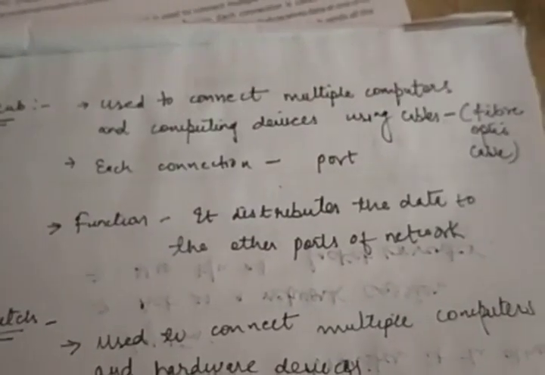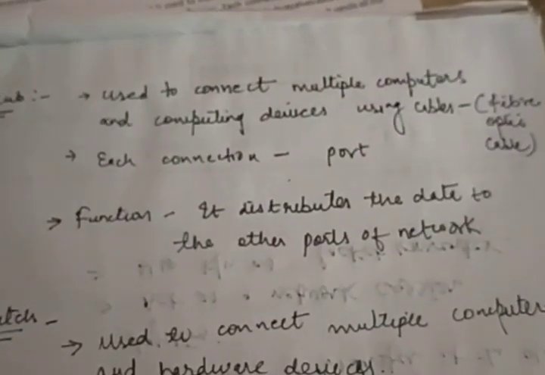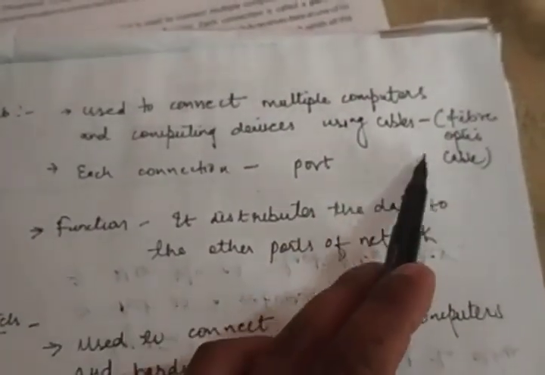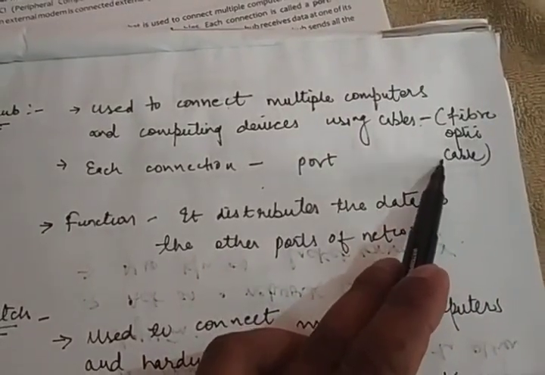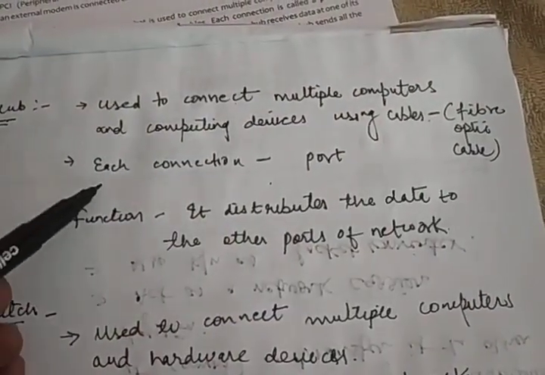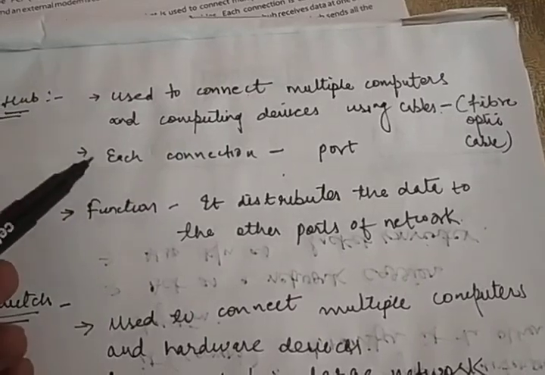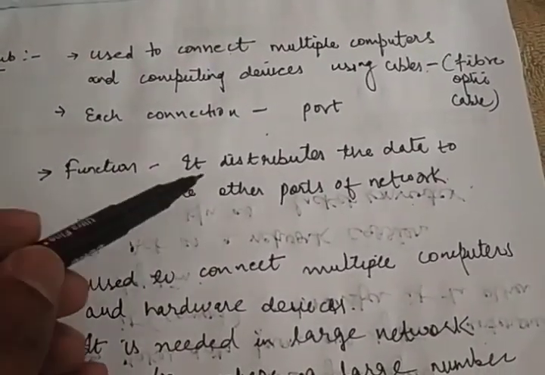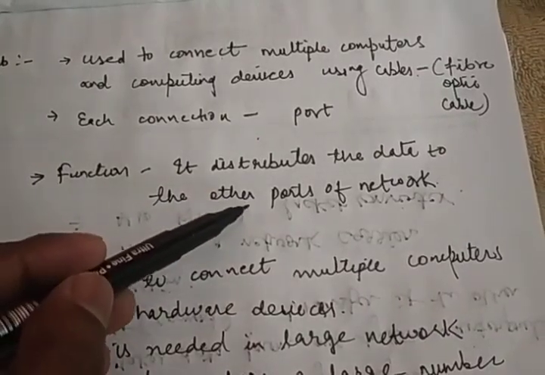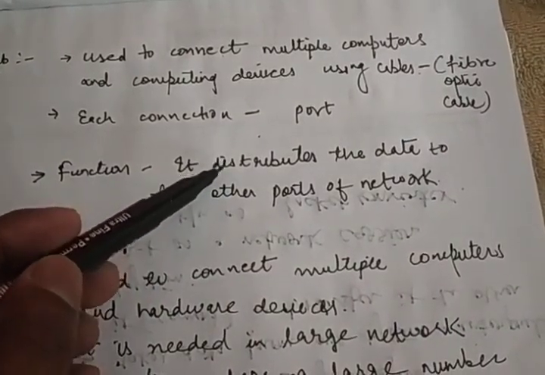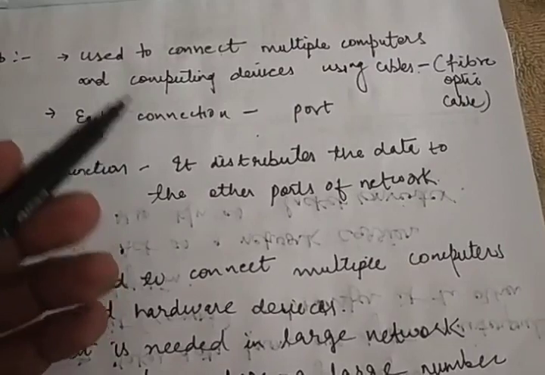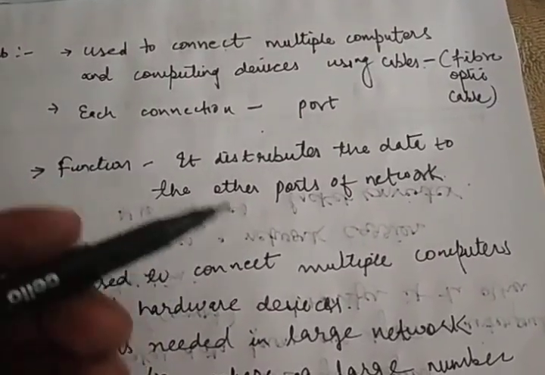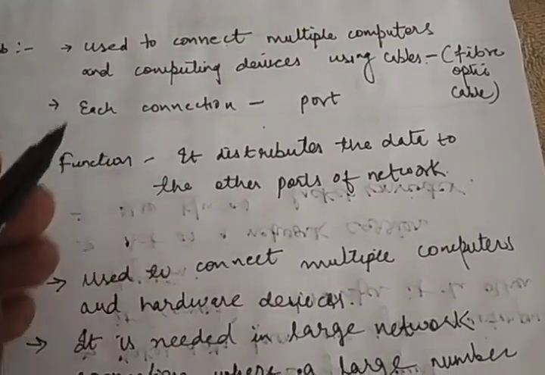The hub is used to connect multiple computers and computer devices using cables, basically fiber optic cable. Each connection is called a port, as I have already told you in the figure. Its function is to distribute the data to the other ports of the network. Distribute means it takes the data from one system and distributes that data to other systems.